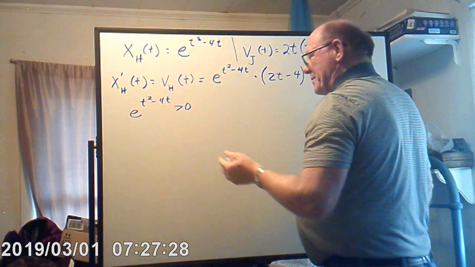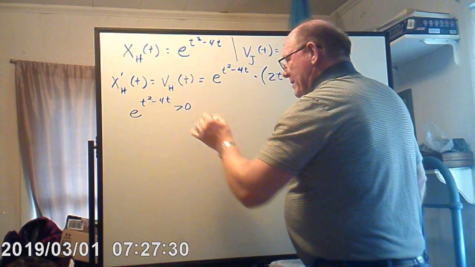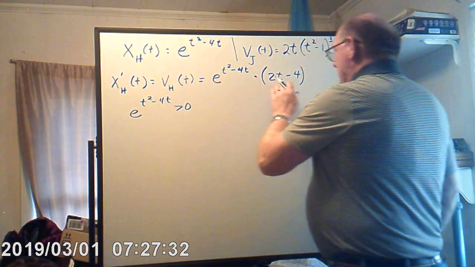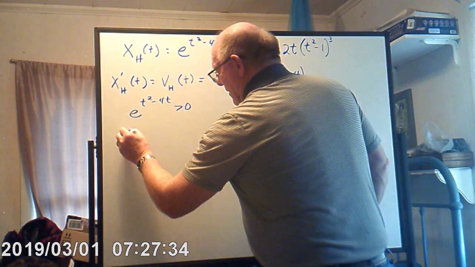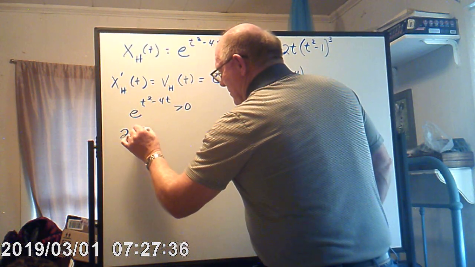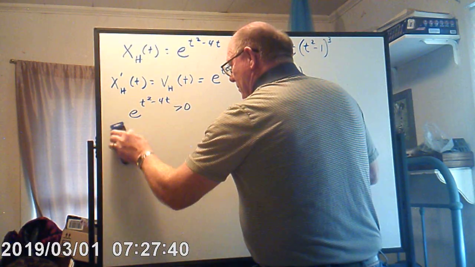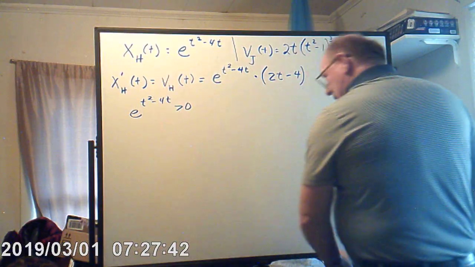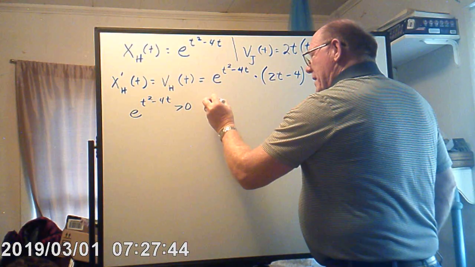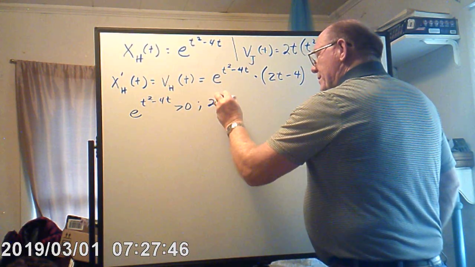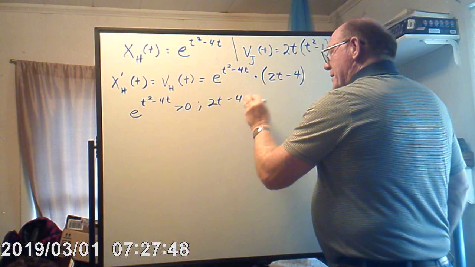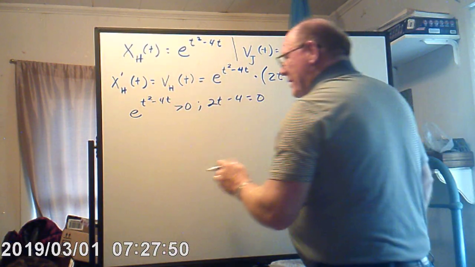It's positive. So let's not worry about that one. 2t minus 4 is what we concern ourselves with. Let me put it over here because I know I'm going to need room. Okay. So 2t minus 4 is equal to 0. So where does it come to rest?